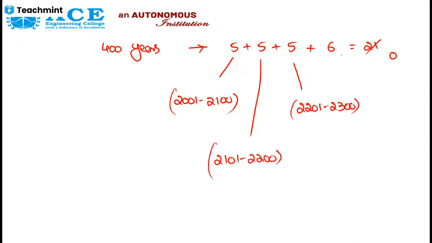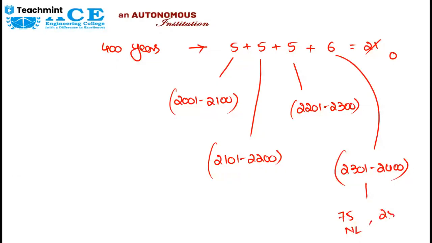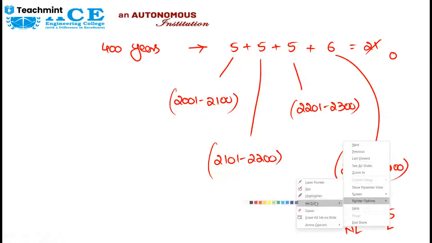Now the 6 odd days are from 2301 to 2400, because here you have 75 non-leap years and 25 leap years. 2400 is a leap year. This one we got one extra day actually.